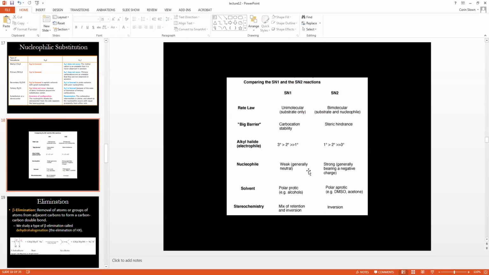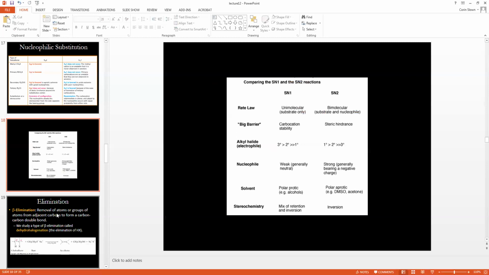When we think about the nucleophile, generally speaking, for SN1 we want a weak nucleophile, whereas for SN2 we want a strong nucleophile. When we think about solvents, we favor protic solvents for SN1 and polar aprotic solvents for SN2. And again, when we're thinking about stereochemistry, SN1 is this mix of retention and inversion, whereas for SN2 it's always just inversion.